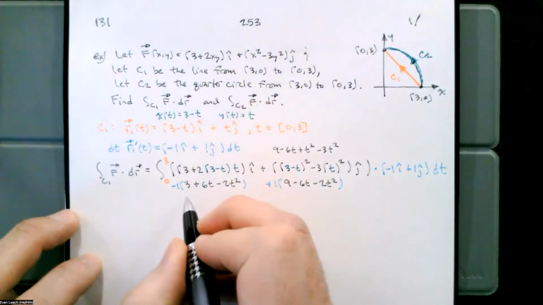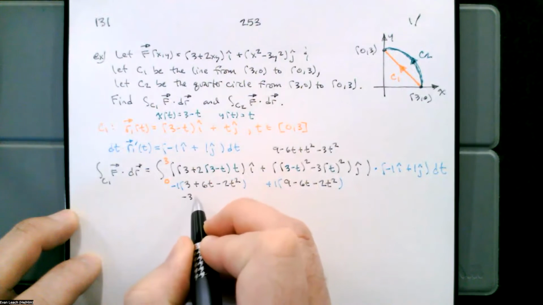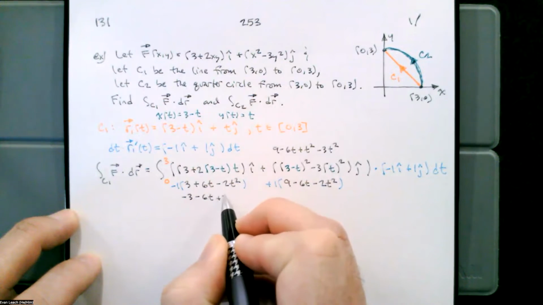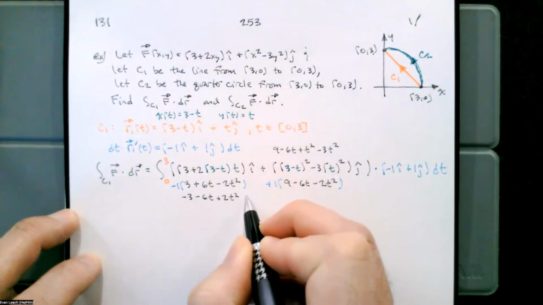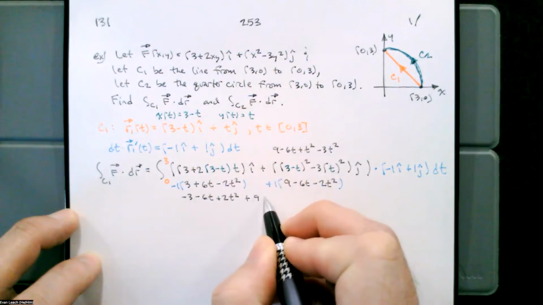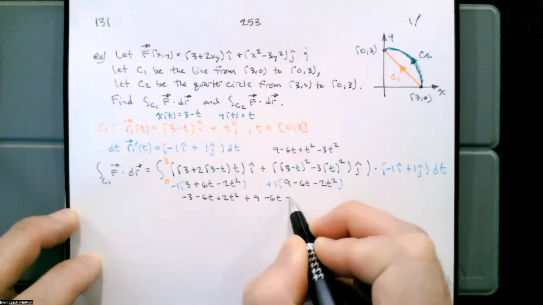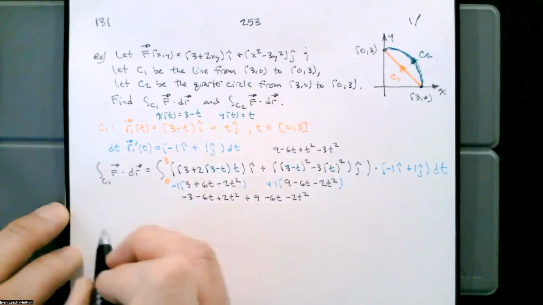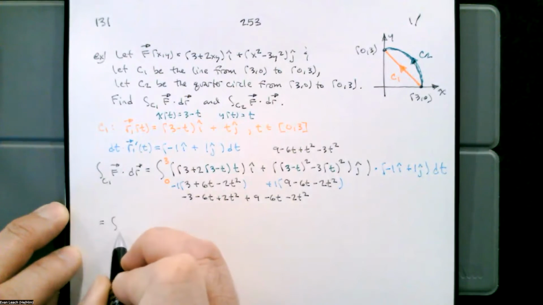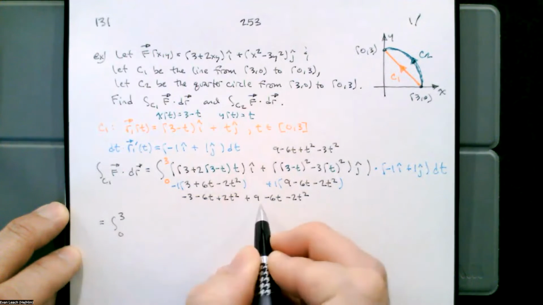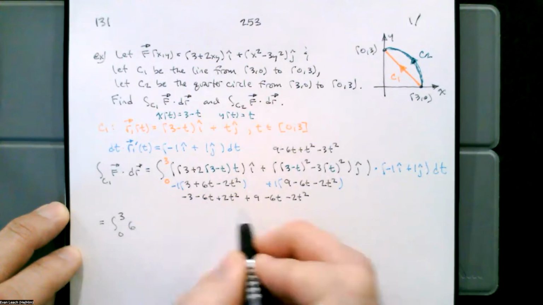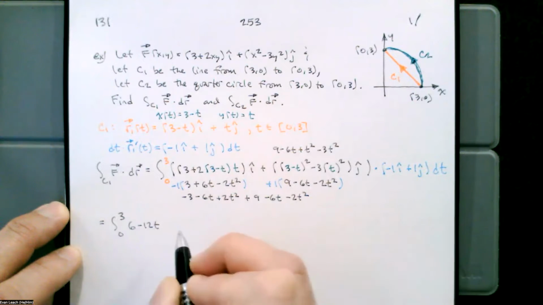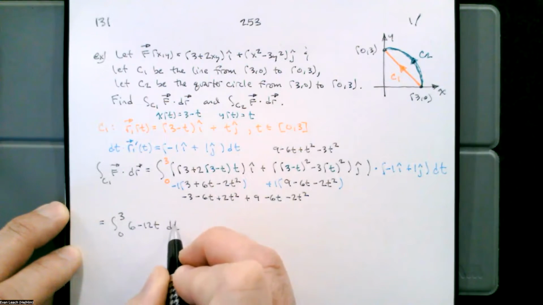So my dot product is going to be -3 minus 6t plus 2t squared plus 9 minus 6t minus 2t squared. So finally, we're going to integrate from 0 to 3, 6 minus 12t. Yeah, that cancels out. dt.